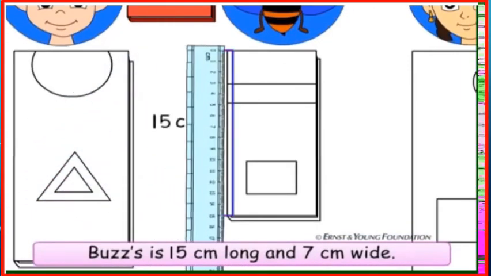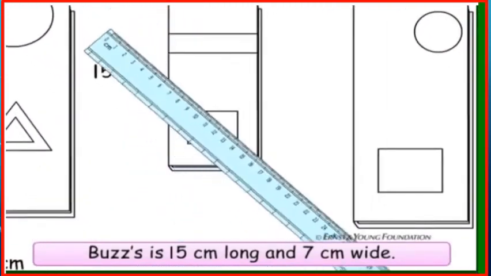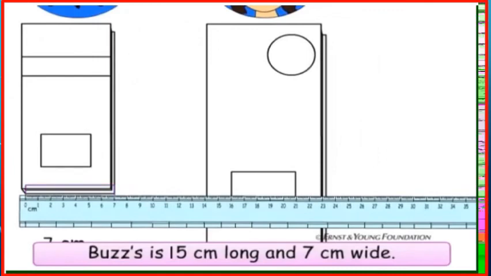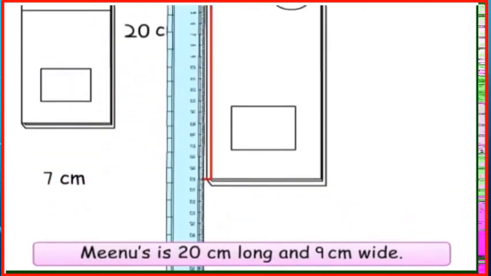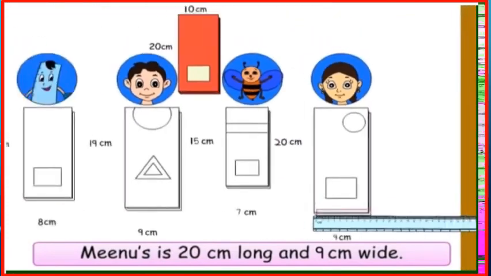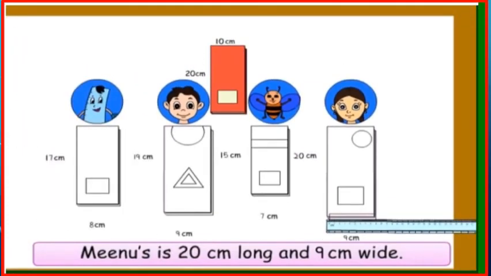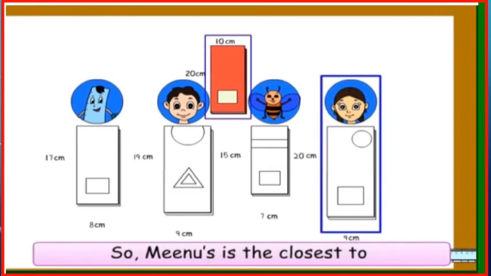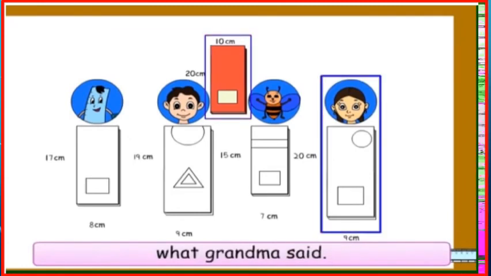Buzz's is 15 centimeters long and 7 centimeters wide. Meenu's is 20 centimeters long and 9 centimeters wide. So, Meenu's is the closest to what Grandma said.